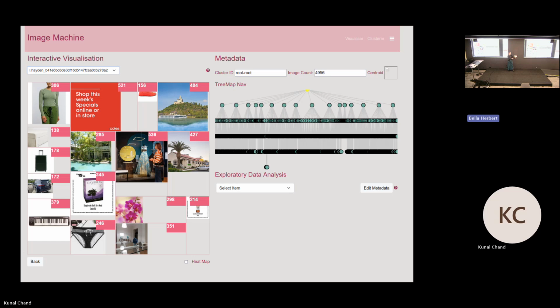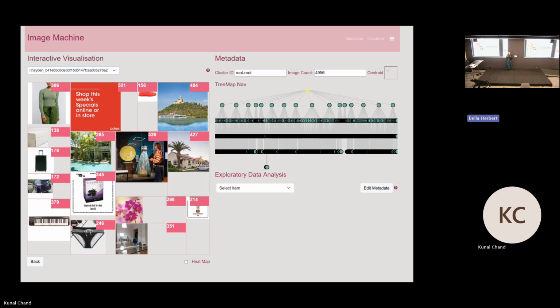So we isolated their collection of ads out from the entire set and put it as its own mini subset, its own collection, into the image machine. And the image machine went ahead and classified these images based on different qualities that it identified. Clusters the images.